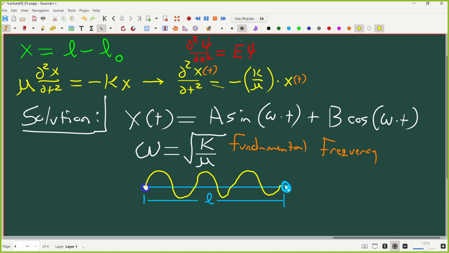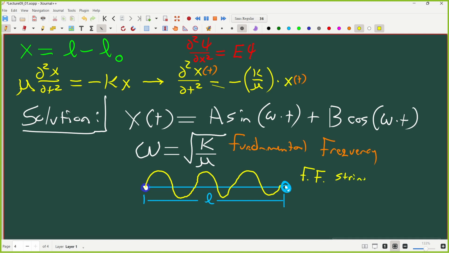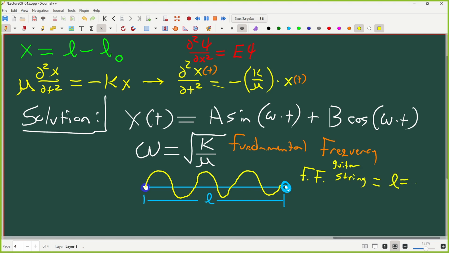And the fundamental frequency of the string, so the fundamental frequency for a guitar string or a piano wire, is where the length is proportional to pi over L, or pi. Proportional to some factor of pi.